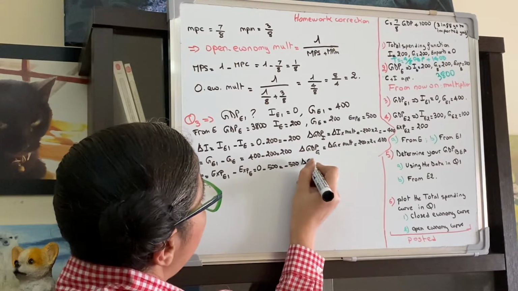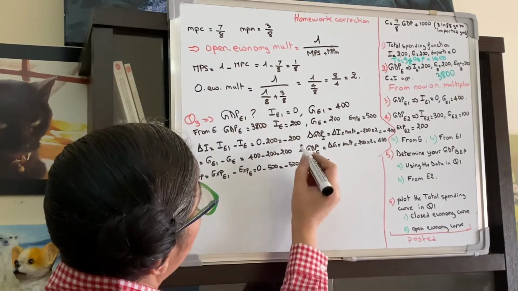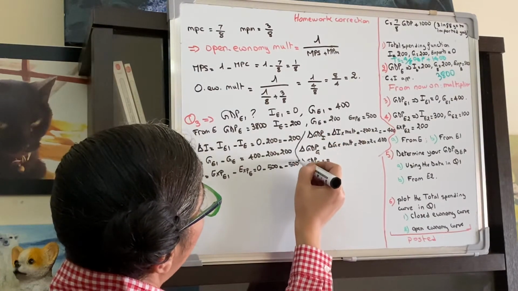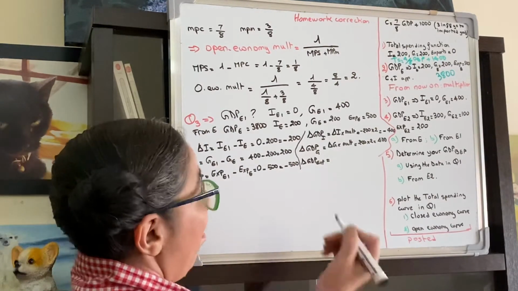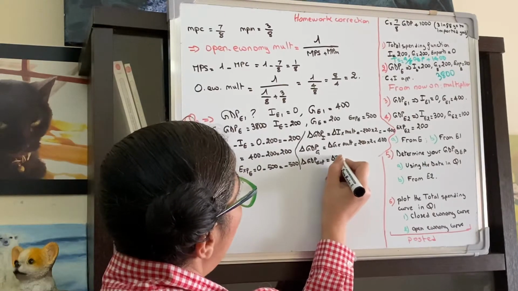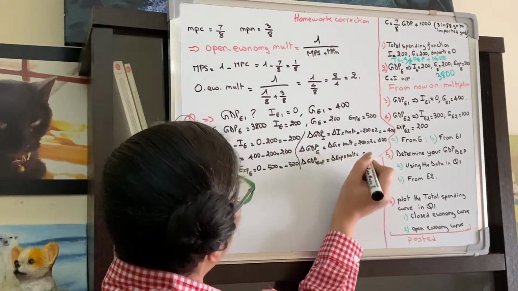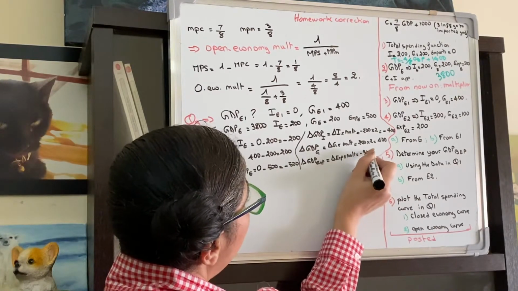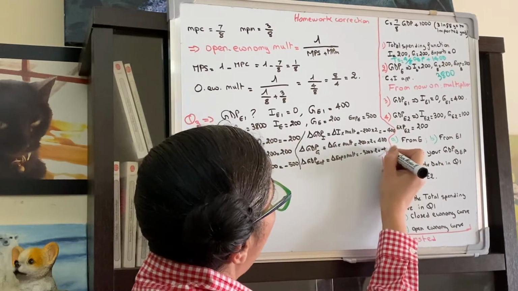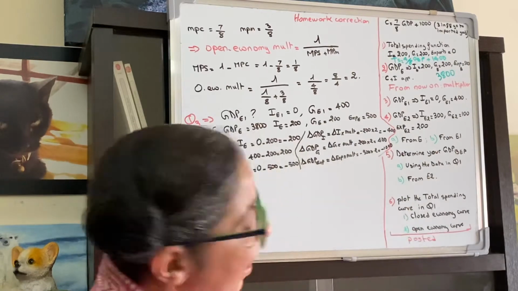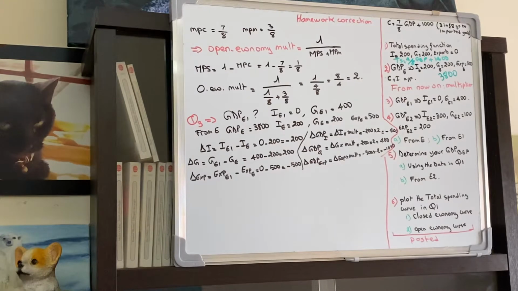So delta GDP due to exports, same thing. It's delta exports times the multiplier, which is negative 500 times 2, which is negative 1,000. I hope you can see. Let me just check that you see everything. Yes, you can see it even though it's small.